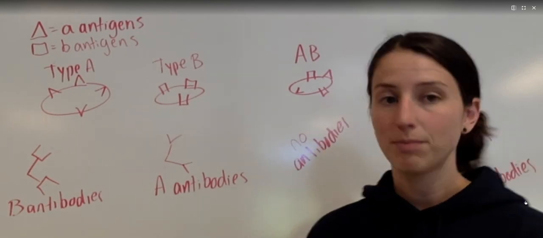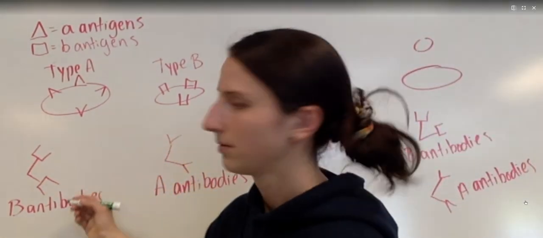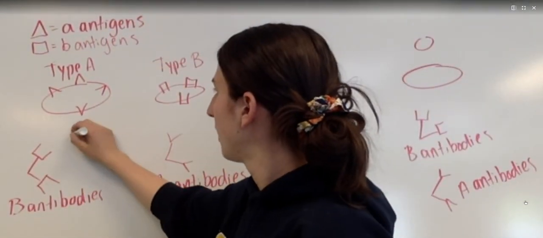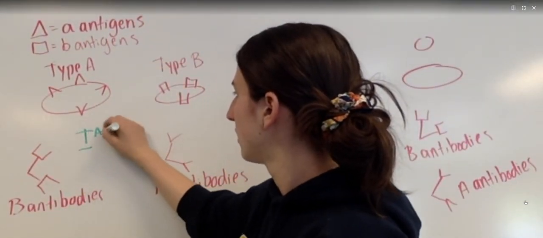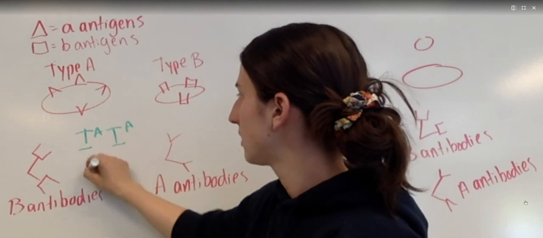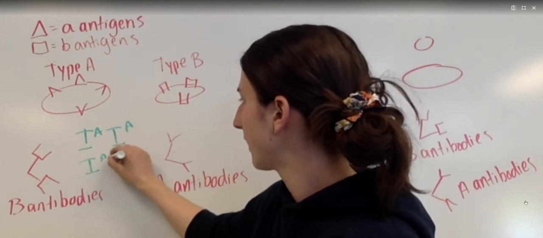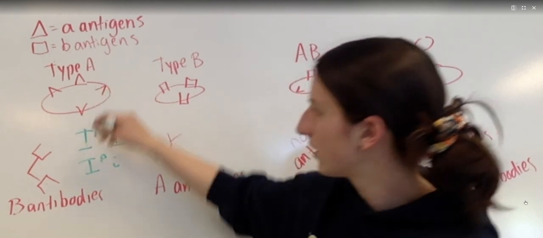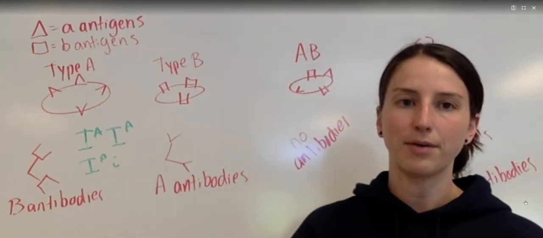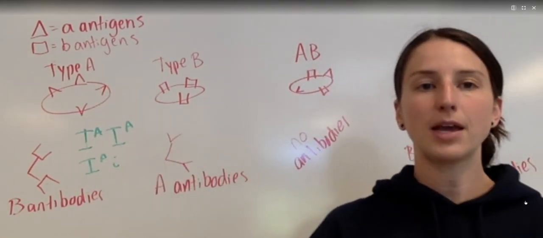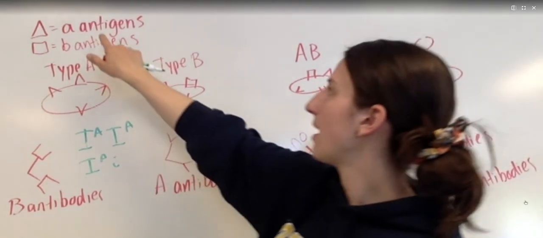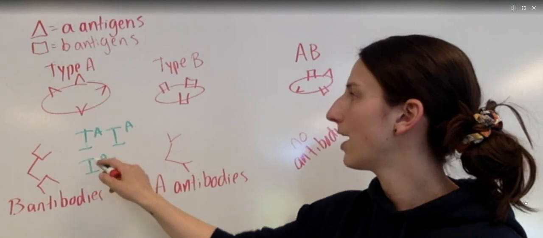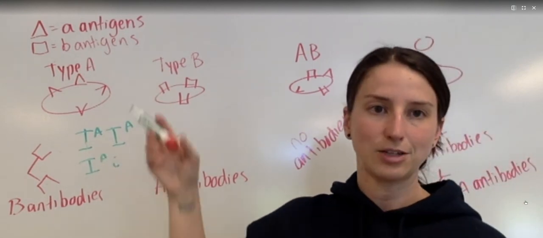Your genotype can either be homozygous dominant or heterozygous. So this allele, the capital I with superscript A, makes the protein for the A antigen. As long as you've got one copy of that, you are making that A antigen.